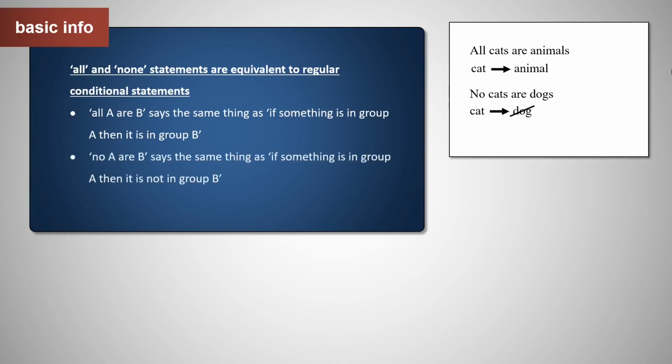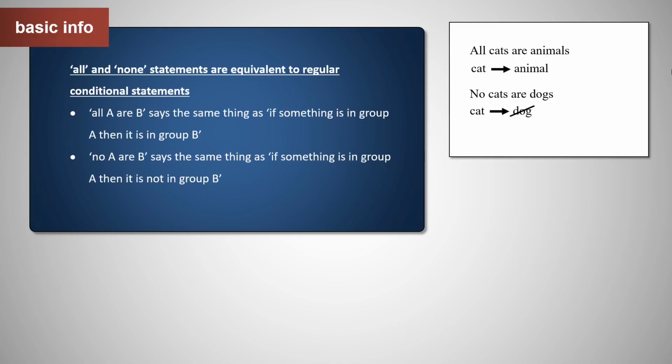Now when you see no A are B, that says the same thing as if something's in group A, then it's not in group B. And that's what we have here. No cats are dogs. That's as if you said if something's a cat, then it is not a dog. So you can think of it mechanically as the no letting you know that whatever is the second group, in this case dogs, you just cross that out.